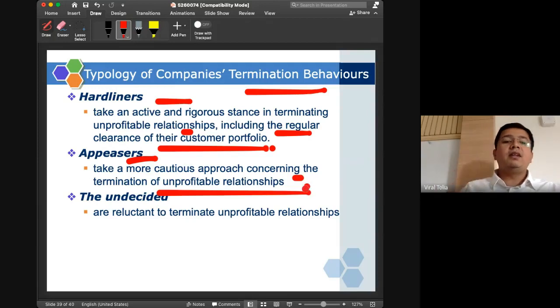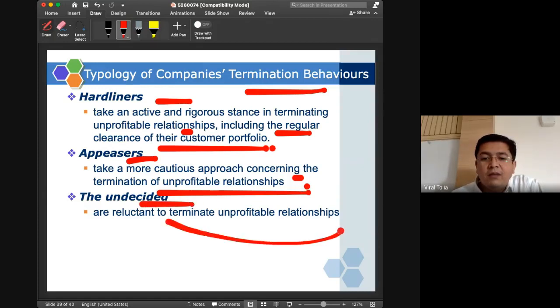Who are these appeasers? They want to close the relationship with the customers who are not giving them the return, but they do it very logically. And the last one is the undecided, who are reluctant to terminate unprofitable relationships, but eventually they are never successful in the market.